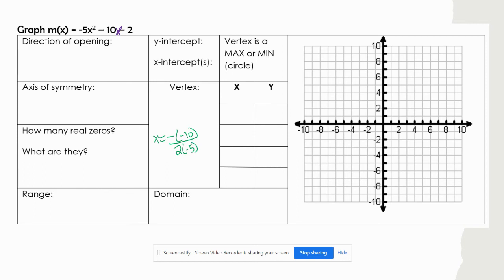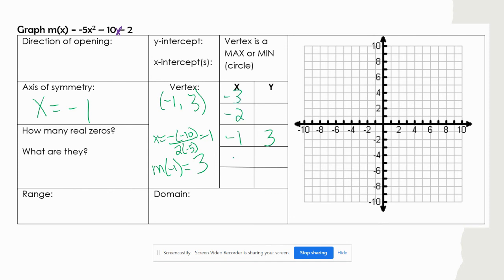That's 10 over -10, which is -1. So we have -1 for the x value of our vertex and -1 for our axis of symmetry. Now if I plug -1 into our function, we get 3. So our vertex is at -1, 3.